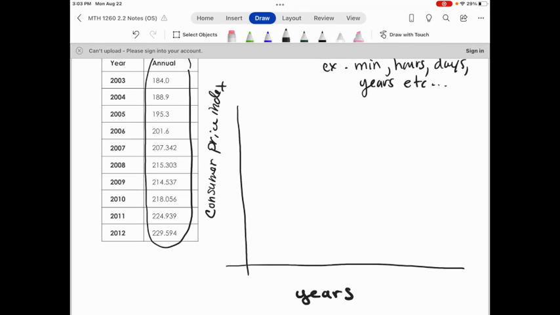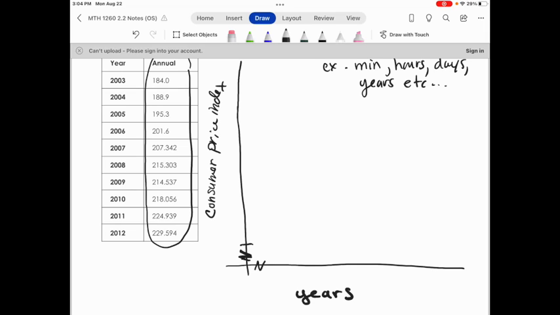Now, the lowest value in this column for the consumer price index is 184, so that's where we're going to start. And we want to go up to about 229 or 230, probably go to 230. I think I'm going to leave myself some more room here. Now, when you're not starting at 0, it's a good idea to draw this little compression symbol to let the person who's reading the graph know that the values between 0 and 184 are compressed down in that portion of the graph.